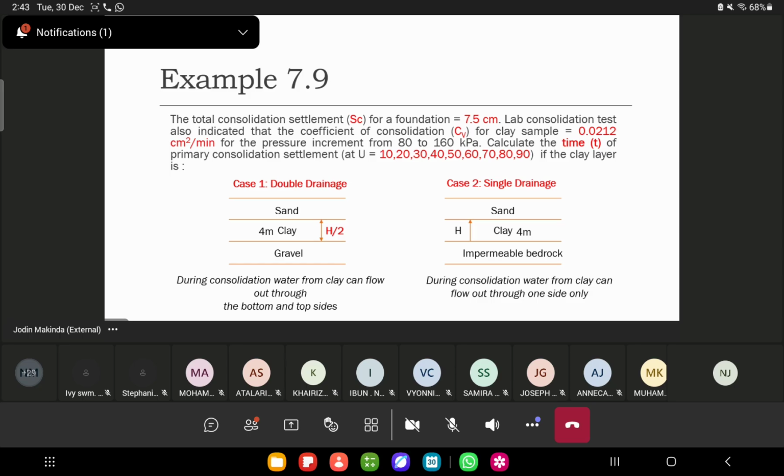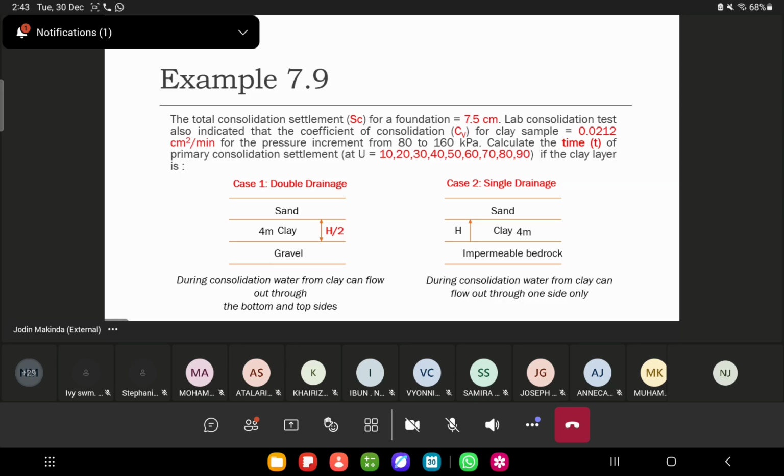Therefore, the distance for the water to travel is H divided by 2. In opposite, look into single drainage on the right side.